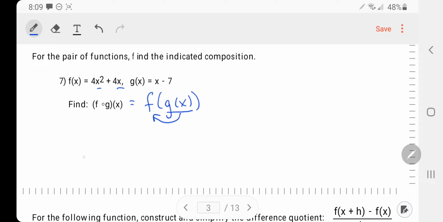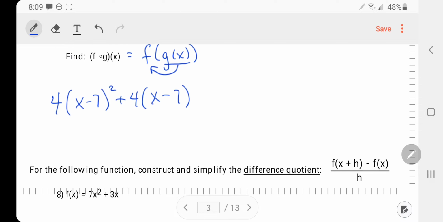And so what is that going to give me? That's going to give me 4 times (x minus 7) squared plus 4 times (x minus 7). Do you see what happened? I replaced each x with x minus 7, and then I'm going to need to work this out.